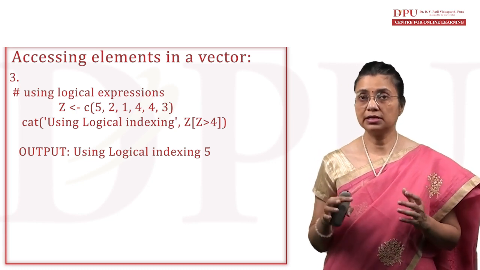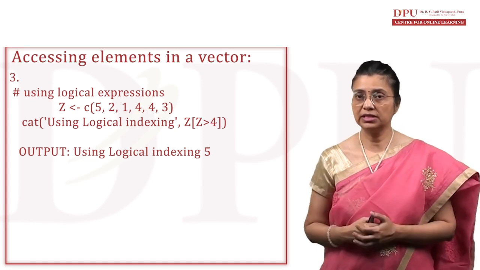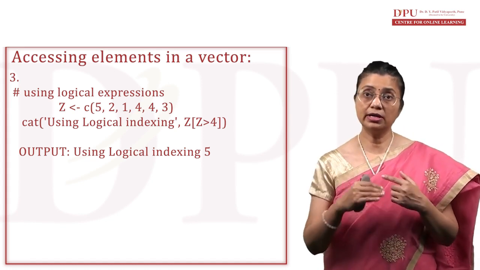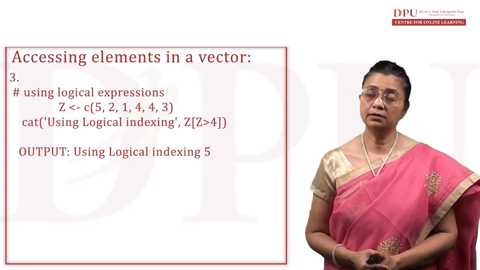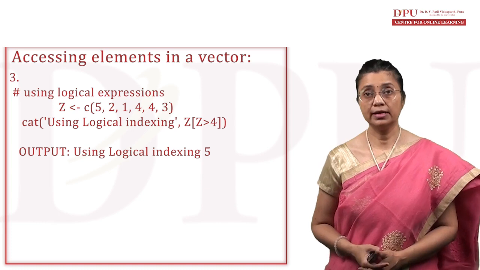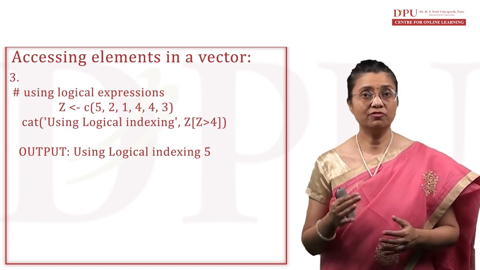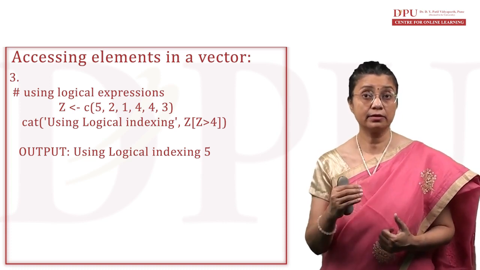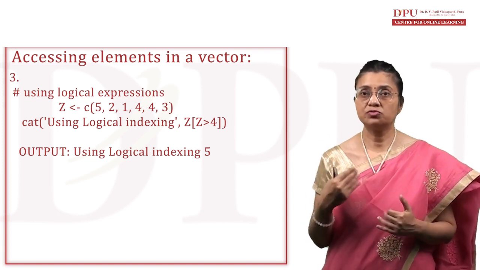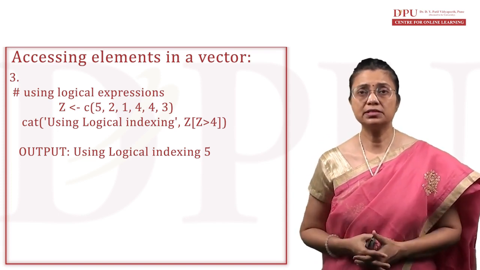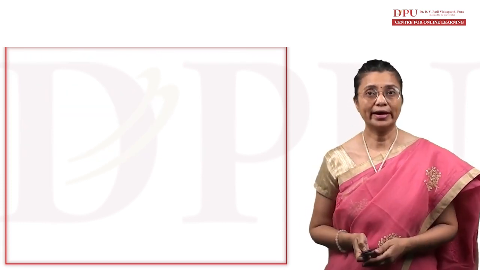I have put a logical condition, so whichever element meets the criteria will be displayed on the screen, and whichever element is not able to meet this condition, z greater than 4, will be suppressed in the output. So using a logical expression is quite a simple task, and very easily we can apply a little filter within the square brackets for a particular vector and bring the values which we want to see. You can consider a logical expression as a little filter which I have applied on my vector.